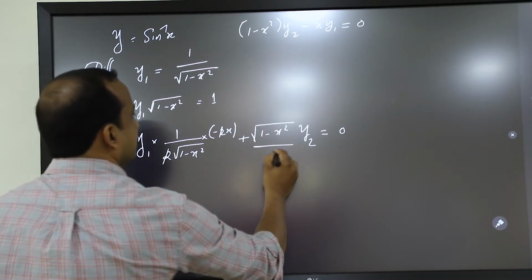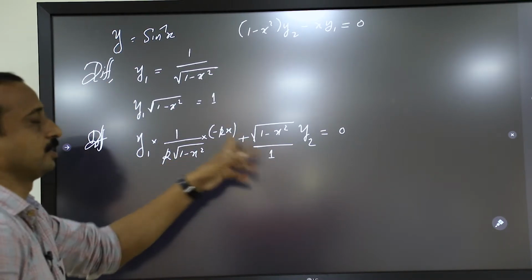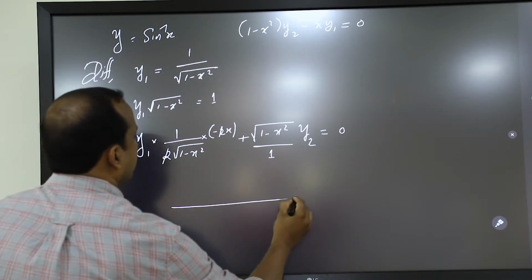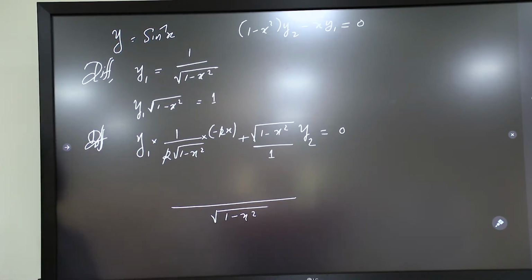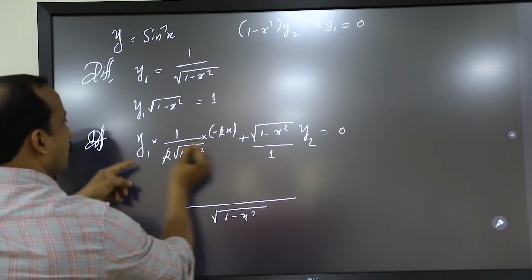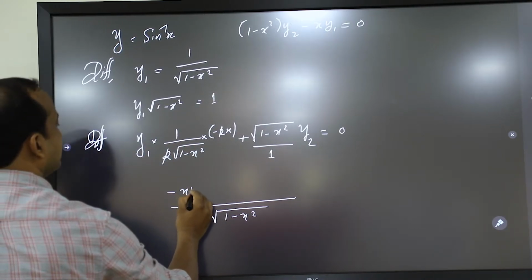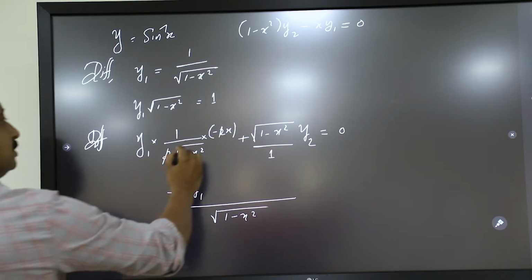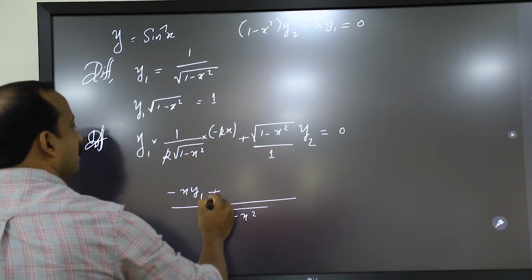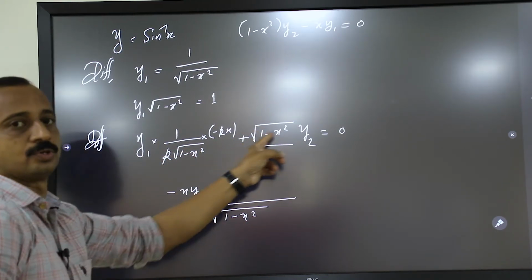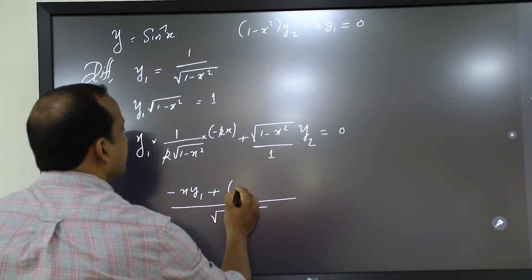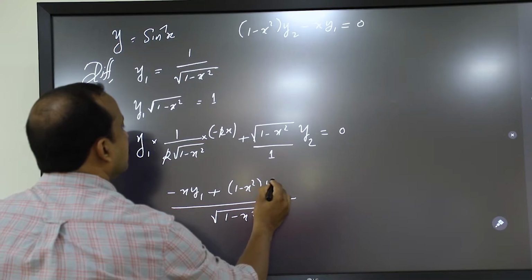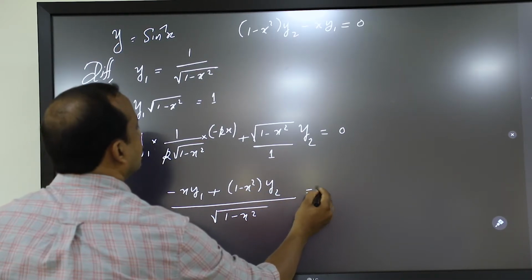Here the LCM is root of 1 minus x square. On cross multiplying, 1 into this term, that is minus x into y1. On cross multiplying the denominator, that is root of 1 minus x square into root of 1 minus x square, that is root of 1 minus x square the whole square, meaning 1 minus x square, into y2 is equal to 0.